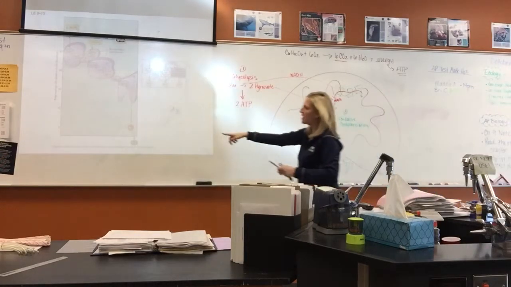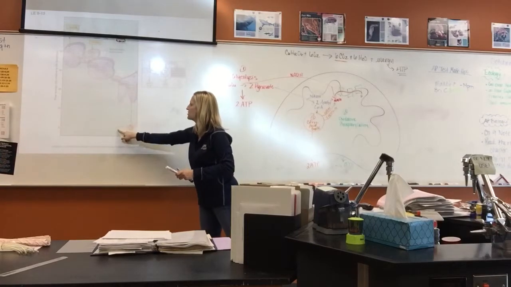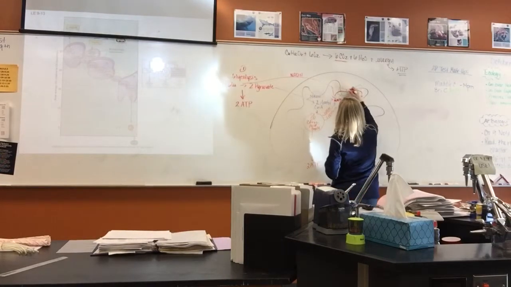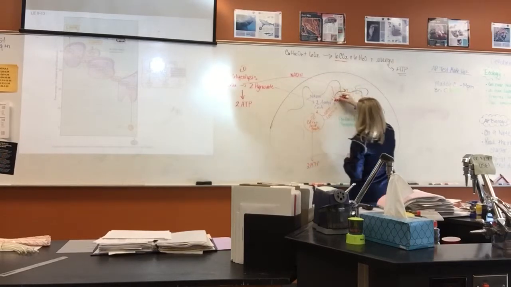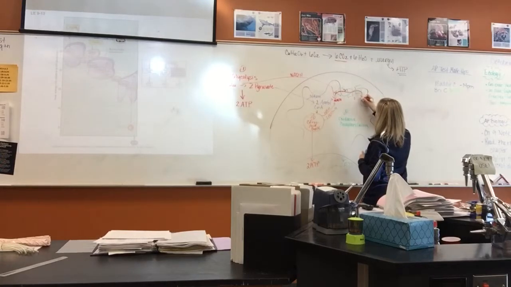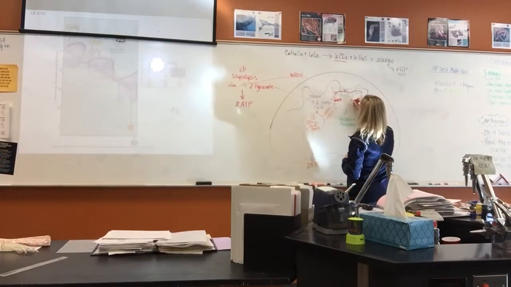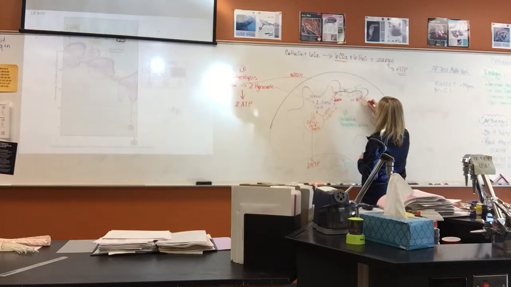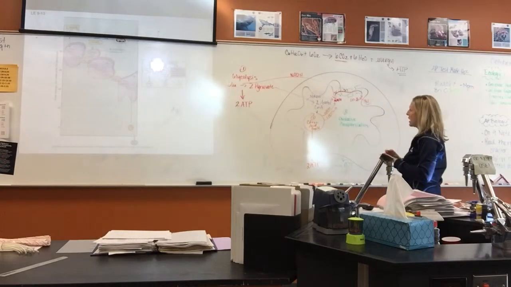So we end up with these two electrons, which came from NADH, meeting up with two H pluses and half of an O2, and what we get is H2O made. That's your waste product there.